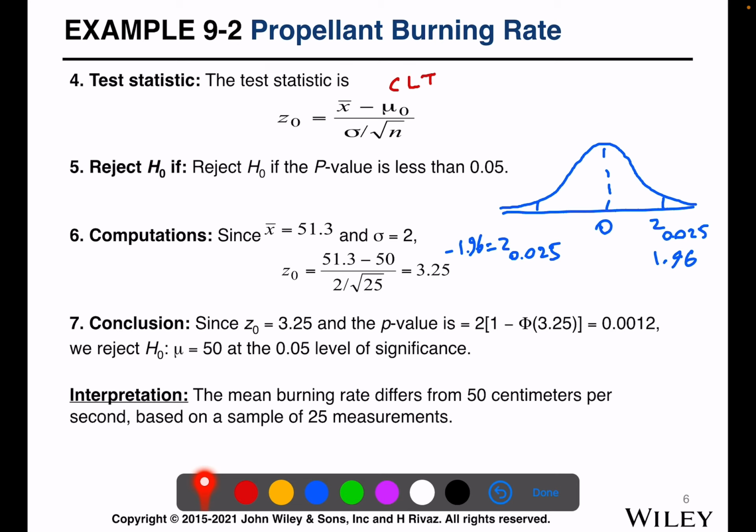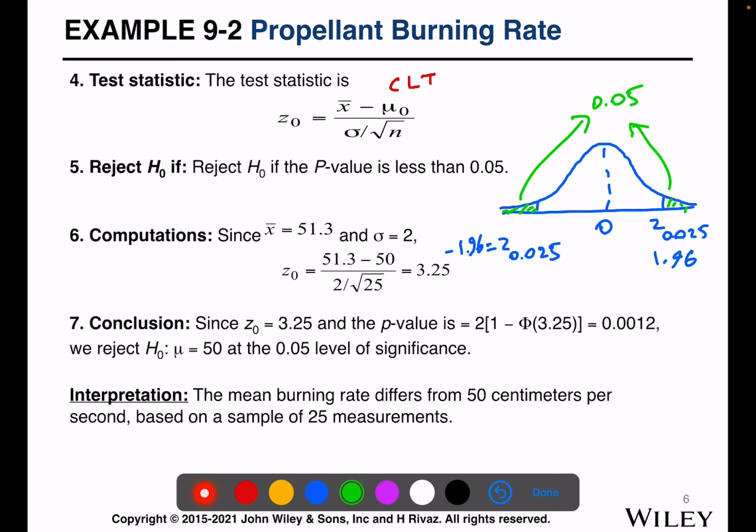So what does it mean that Z of 0.025 is 1.96? It means that this area under the curve, together, they are 5%, the summation of these two, right? That's what it means.